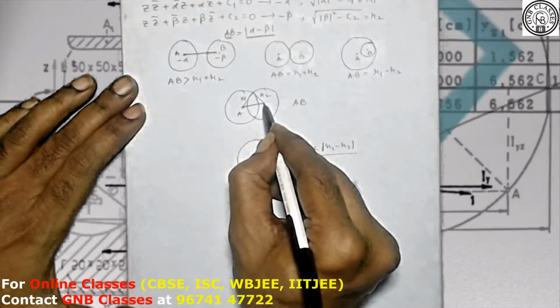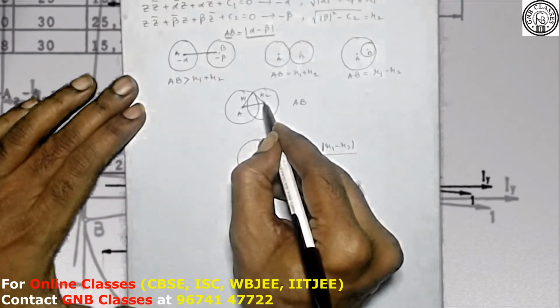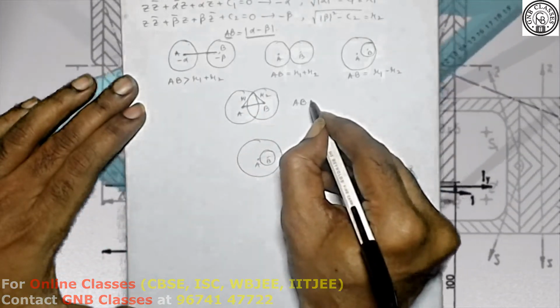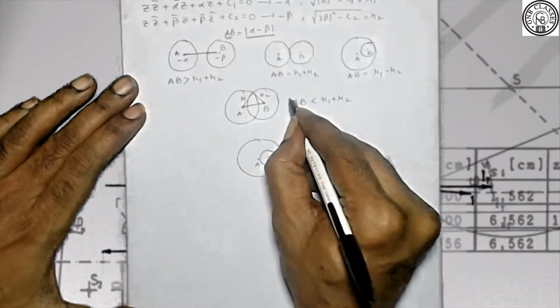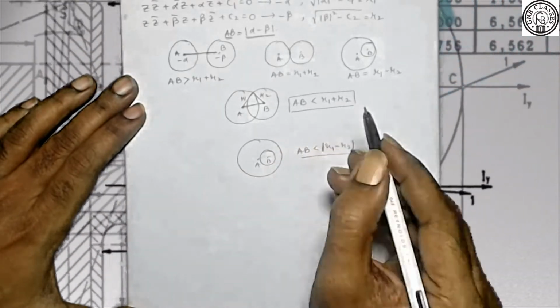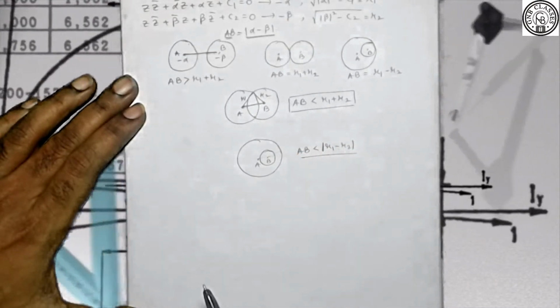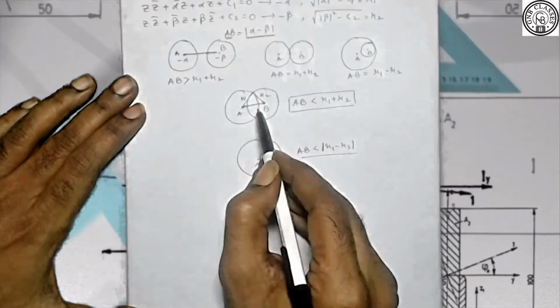So from this triangle, what can you say? We know that the sum of two sides is always greater than the third side. So here we will say that AB is less than R1 plus R2. Tell me yes or no. So when AB is less than R1 plus R2, then we will say that these two circles intersect each other at two distinct points.